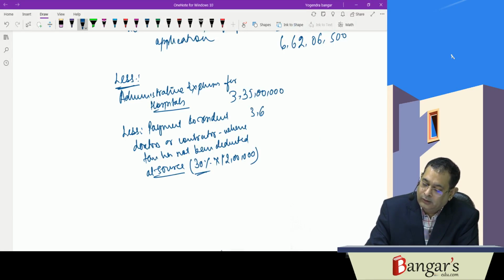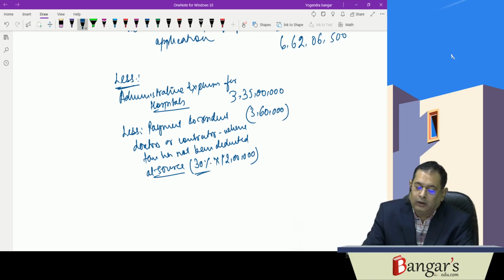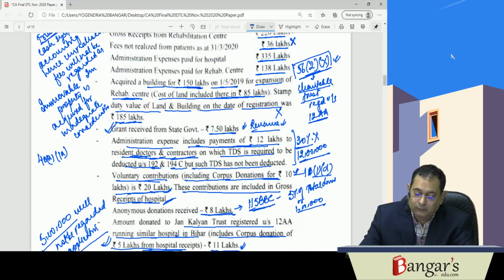The remaining 8,40,000 will be regarded as application, which is already included in the administrative expense.